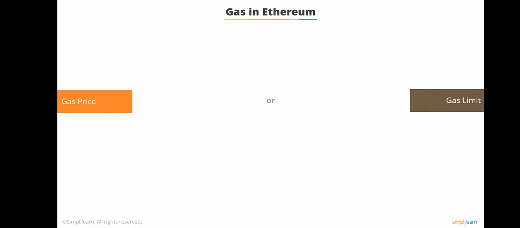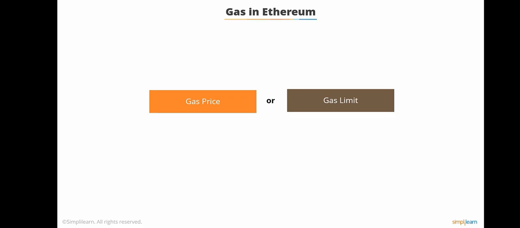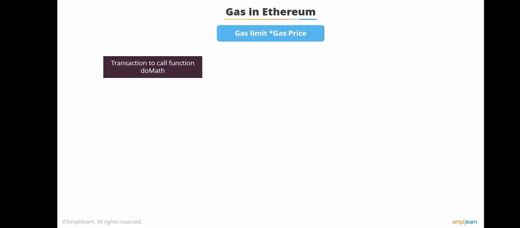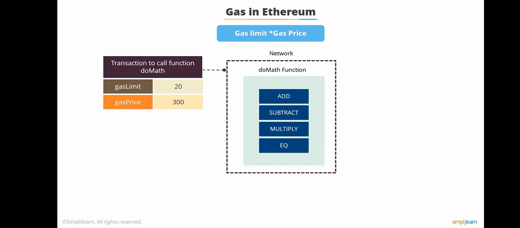When somebody refers to gas, they are either talking about gas price or gas limit. The total cost of a transaction is the product of gas limit and gas price. The gas limit is defined as a limit since it's the maximum amount of units of gas one is willing to spend on a single transaction. This avoids situations where there is an error somewhere in the contract and you end up spending a very high amount of gas.